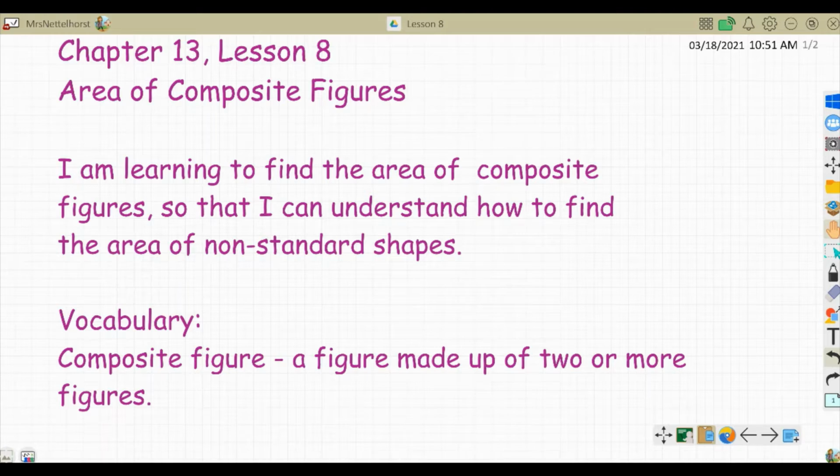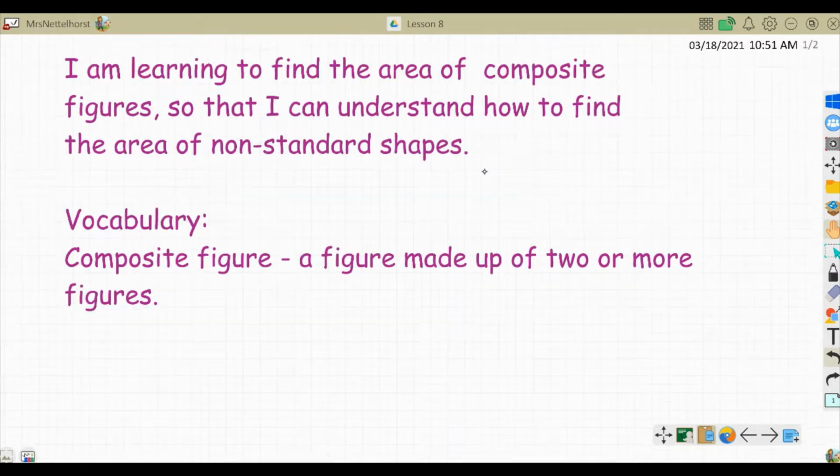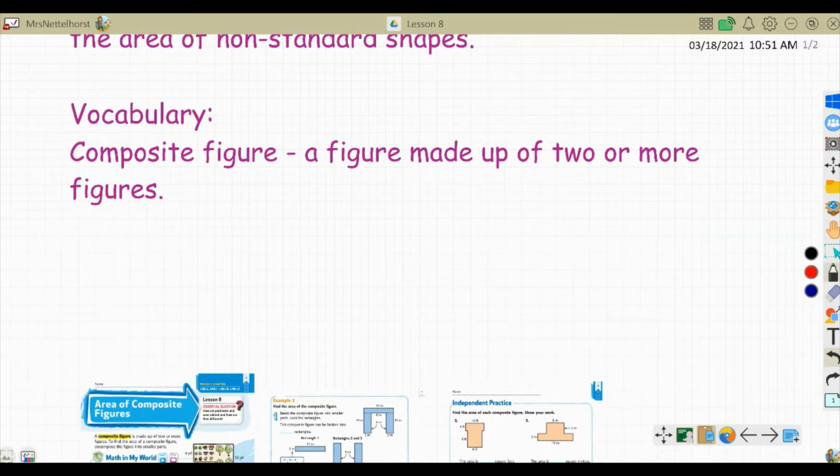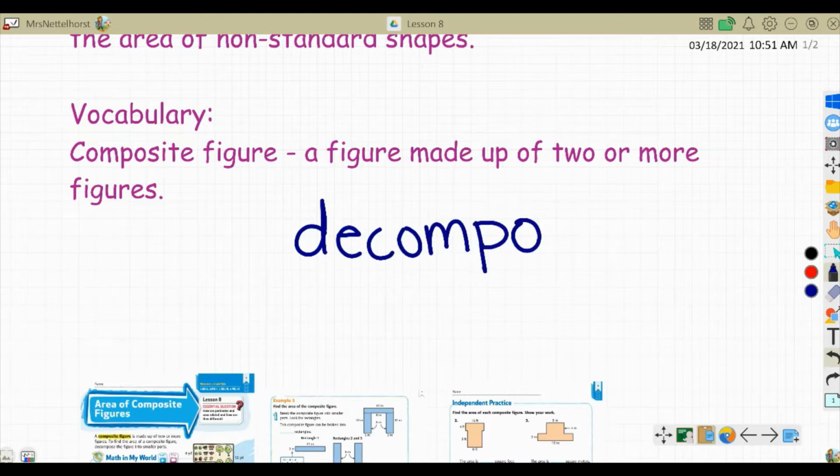Anyway, so let's look at our vocabulary. A composite figure is a figure made up of two or more figures. Now, I want to point something out to you that you may not have noticed, but it will help you remember decompose and composite. If we look at the word decompose, you will see that the base word is compose, and that means to put something together.